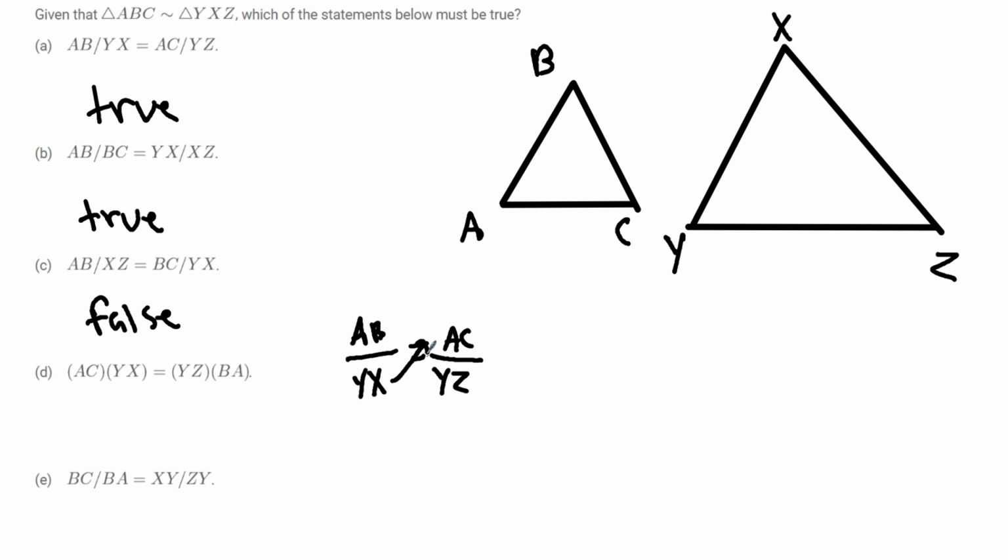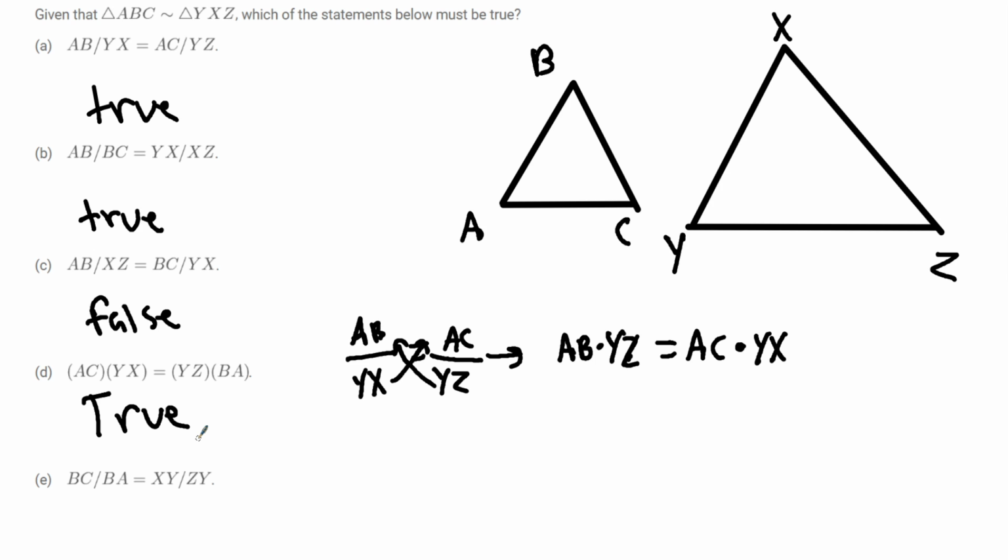Let's do cross multiplication, and we will find that AB times YZ is equal to AC times YX. And if we just flip each thing around, AC times YX equals YZ times BA or AB. So this looks to be absolutely true.